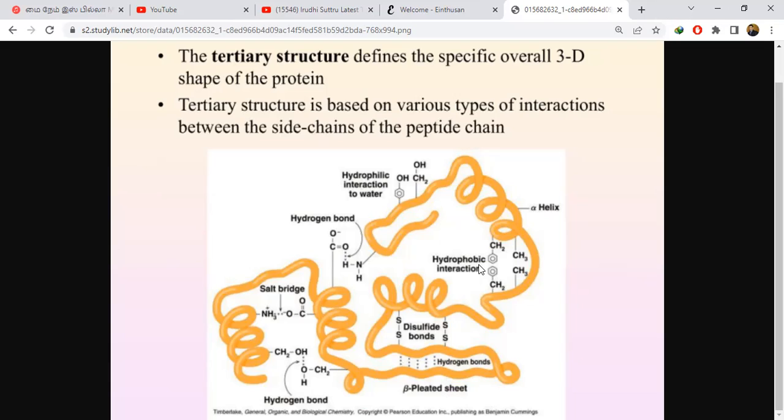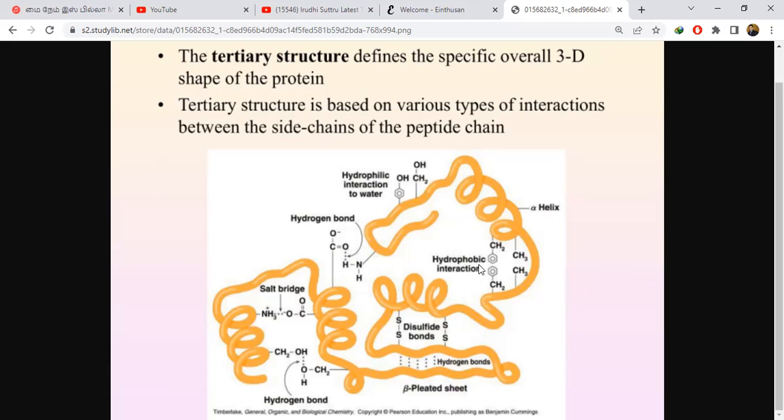Within that chain, there are many interactions. One is called hydrogen bond. In the tube you have in the hands, do you notice hydrogen bonds? Yes, sir.